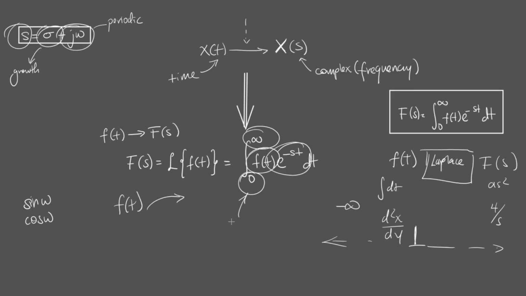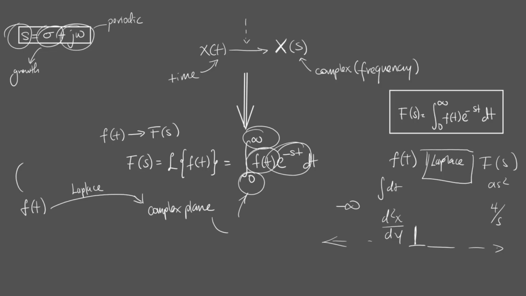So when you take your function f of t and move it to the complex domain, to the complex plane, the tool that does that is the Laplace transform. Here you deal with derivatives and integrals. Here you deal with simple algebra.